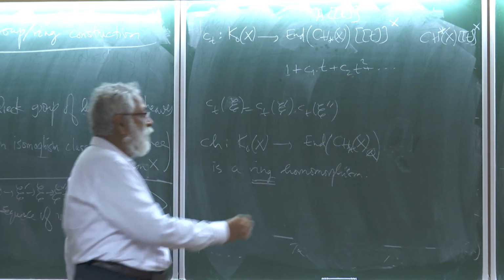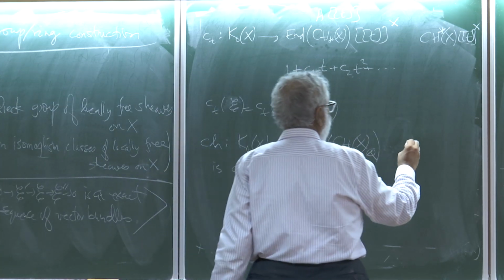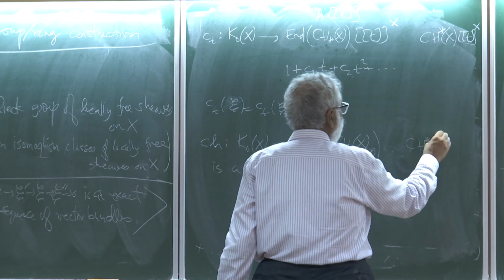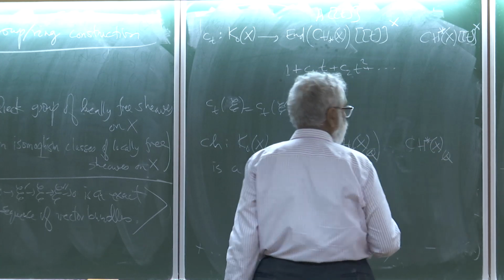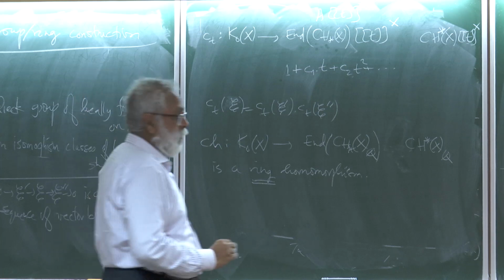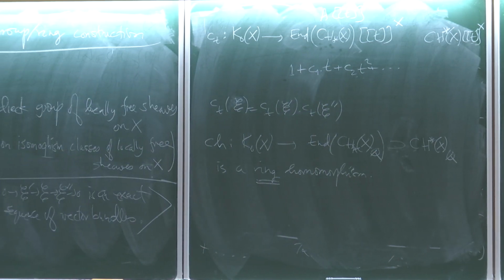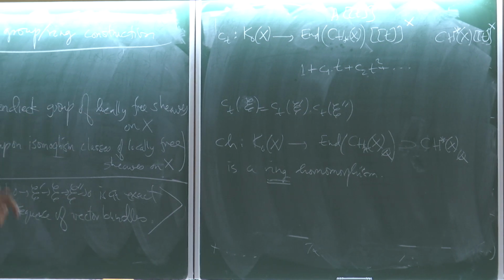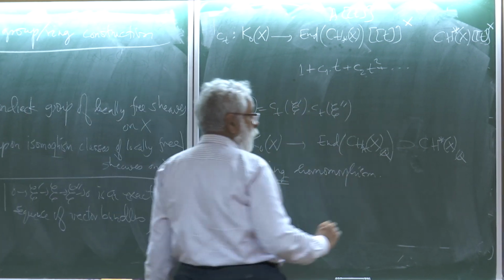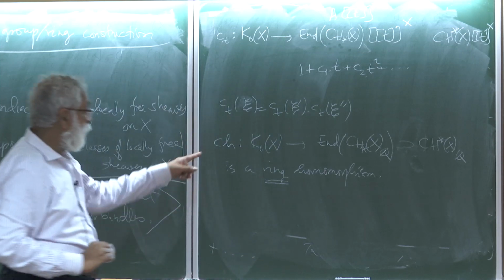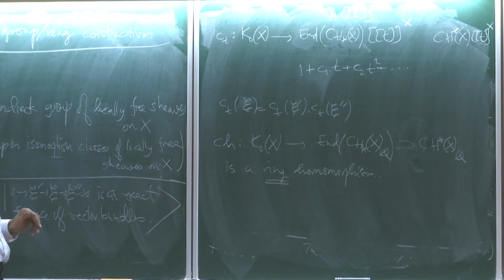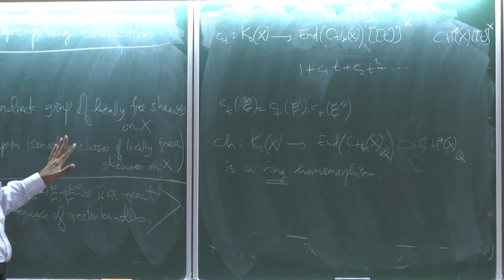And again, instead of this, if X was non-singular, I'm allowed to instead just put the Chow ring of X itself with rational coefficients. So when X is non-singular, I was able to think of this smaller thing and everything lands there. This is one of the good things of the Chern character: it takes values in the Chow ring.